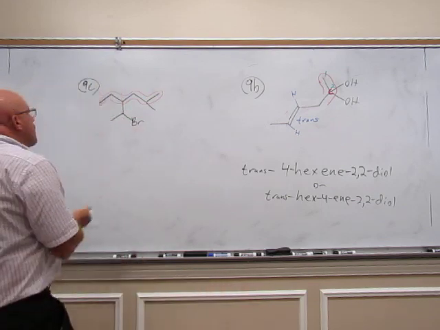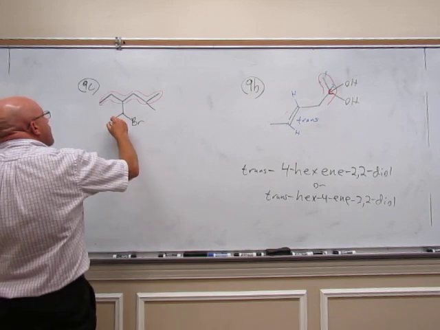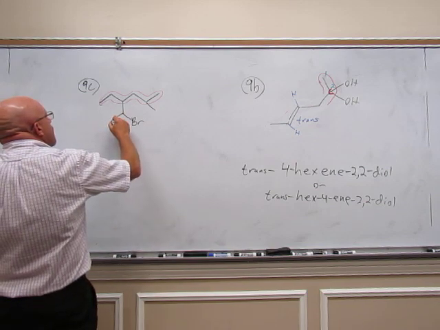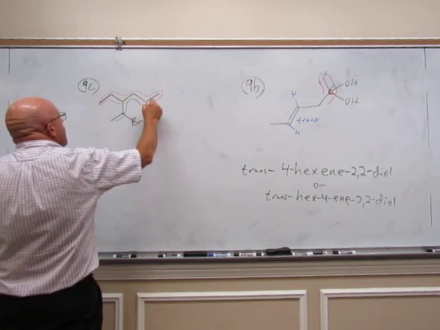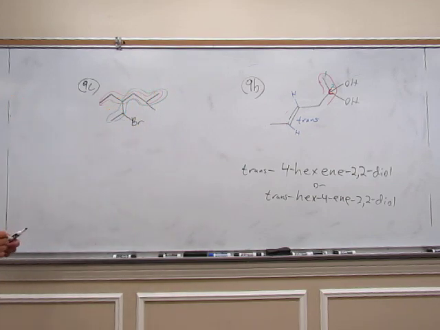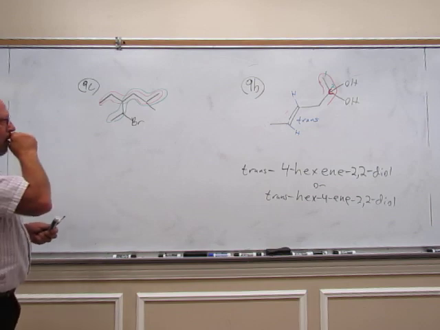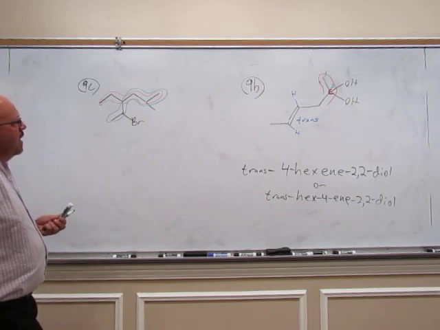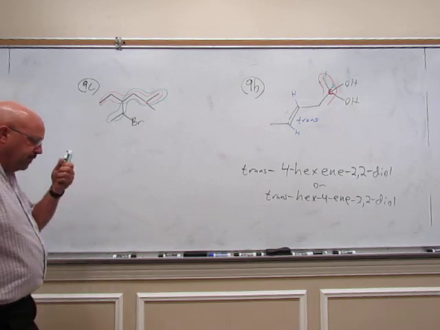However, if we go this way, we also have 6 carbons. Okay, we have a tie. A tie in choosing the parent.